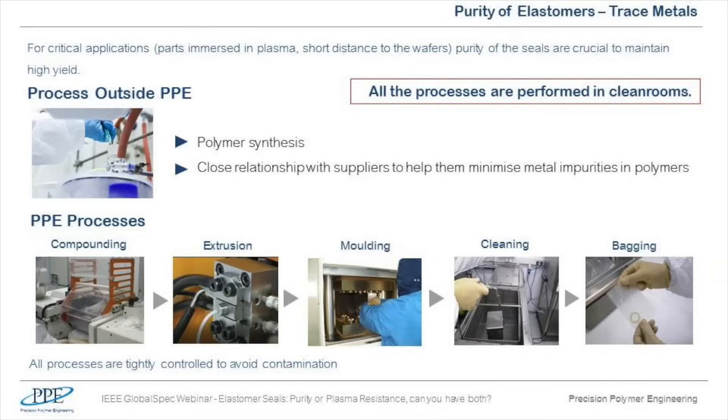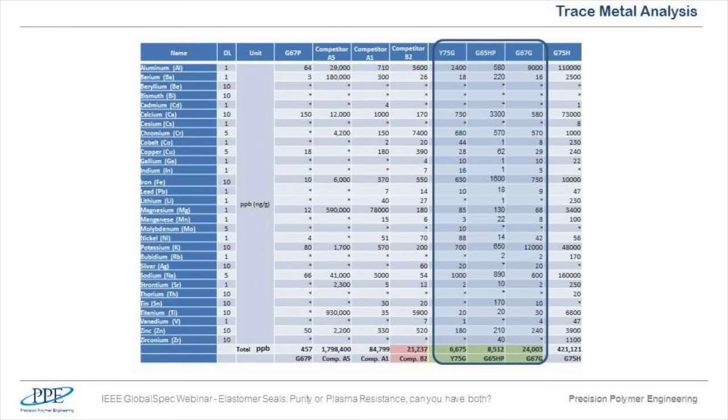The polymers and most of the other ingredients are made in clean rooms, and we open those bags in our clean rooms and we do the compounding, extrusion, molding, and after molding the final parts we clean them and bag them up to high industry standards to keep the purity of the elastomers at the highest possible level.